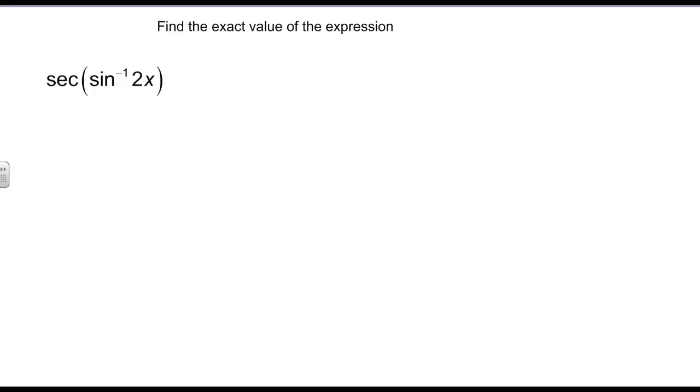Now, this is not so straightforward. All right? We're asked to find, first of all, what angle gives me a sine value of 2x, and then find the secant of that. There's no way I'm going to get an exact value because this is an expression. But what I do know is I have to find the secant of some theta value.